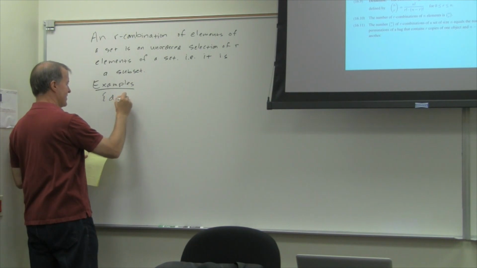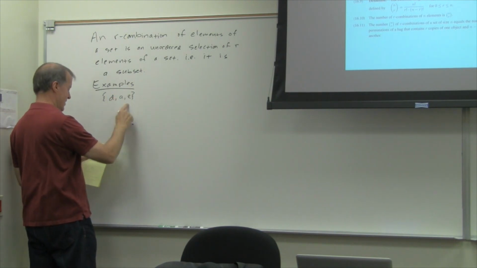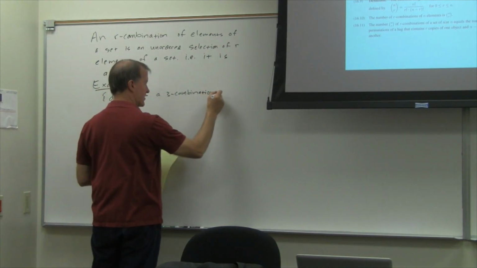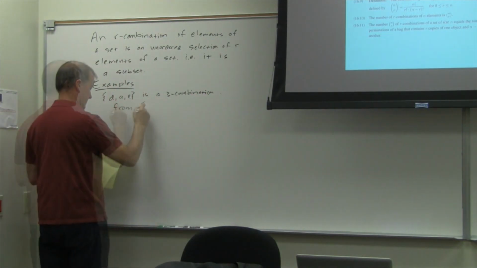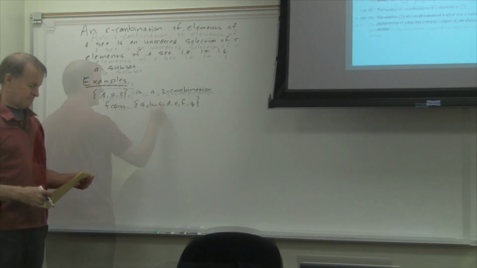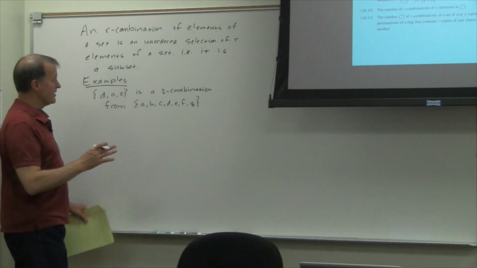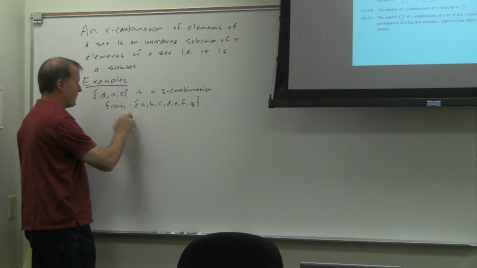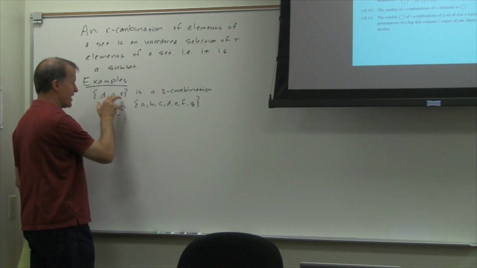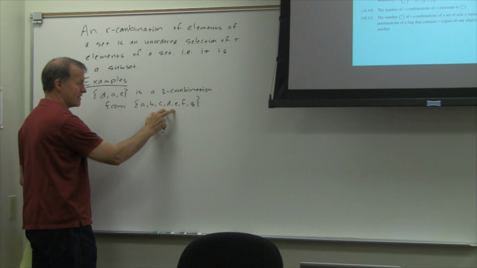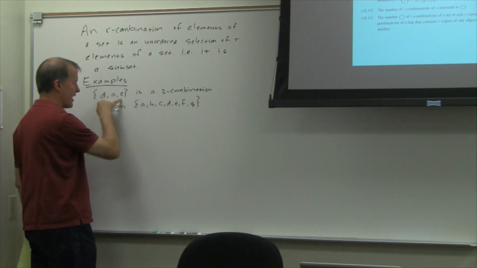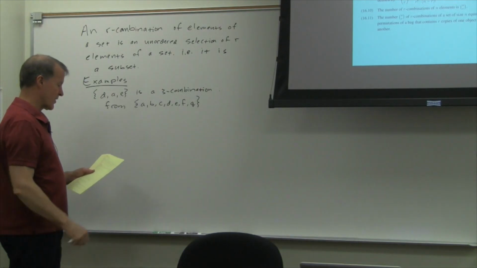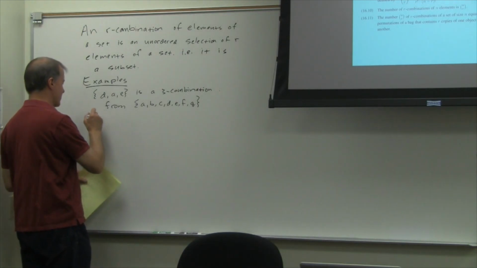Okay, so let's give an example. The set DAE is a three combination from A, B, C, D, E, F, G. So how many ways can we take a subset of three elements from this set?